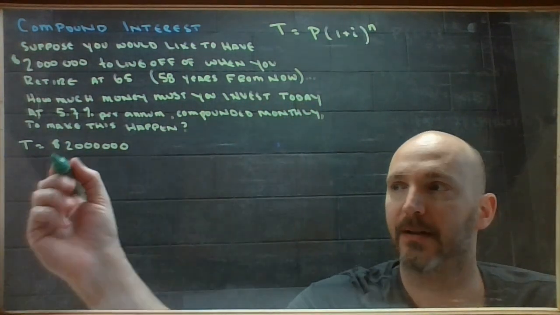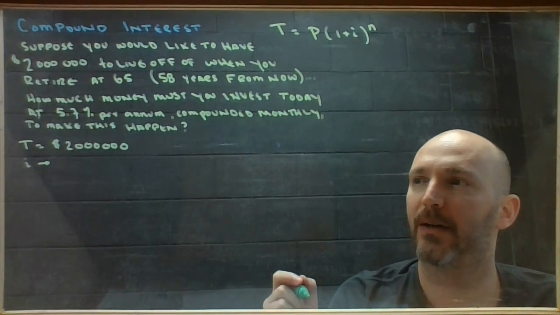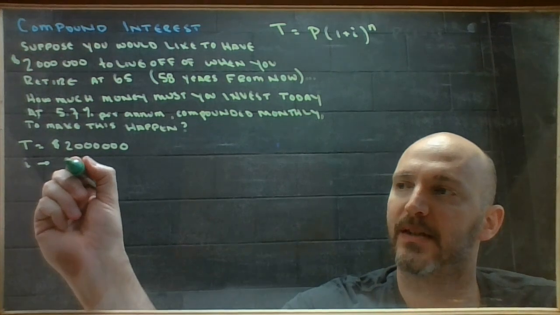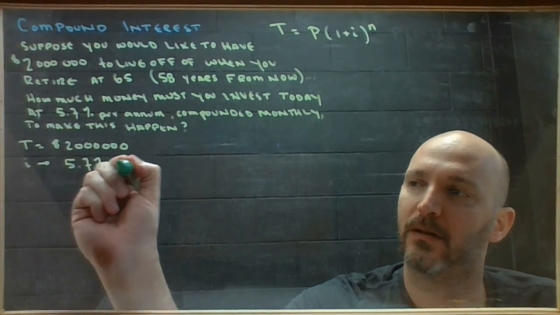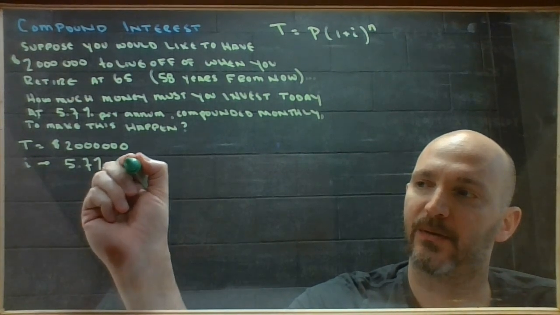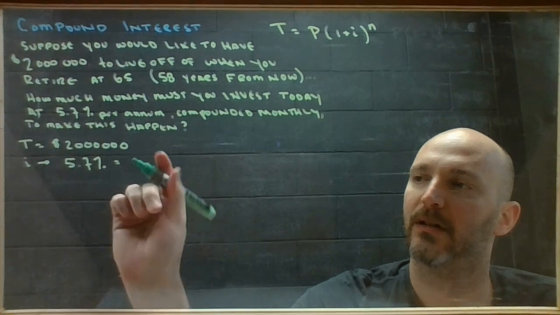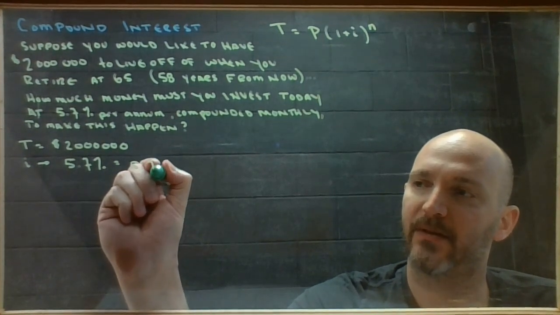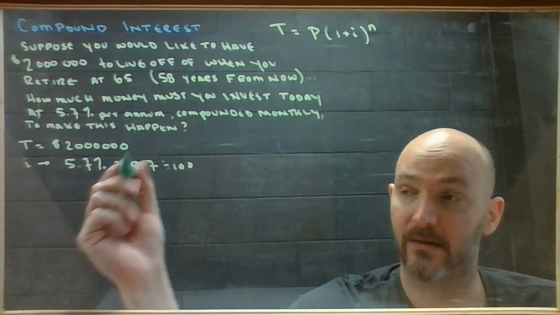My interest rate, the first thing I was told, was 5.7% per annum, which is 5.7 divided by 100, because that's what that little symbol means.